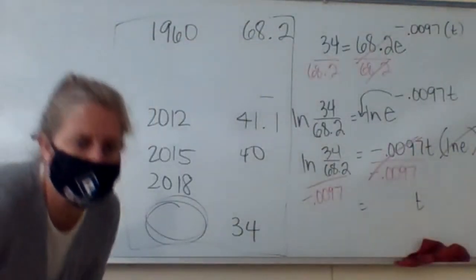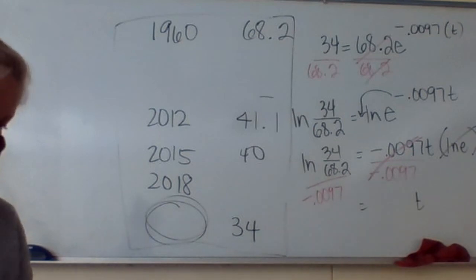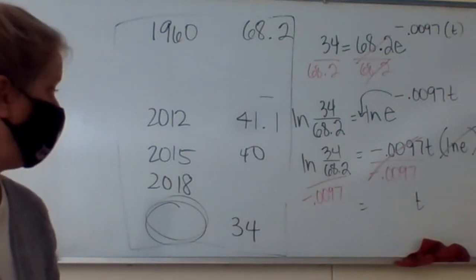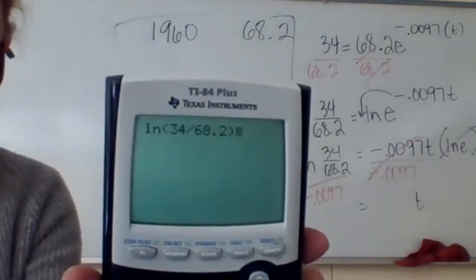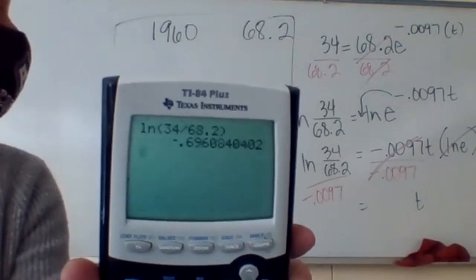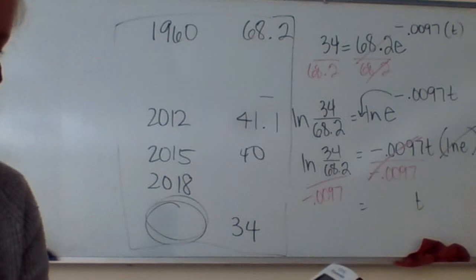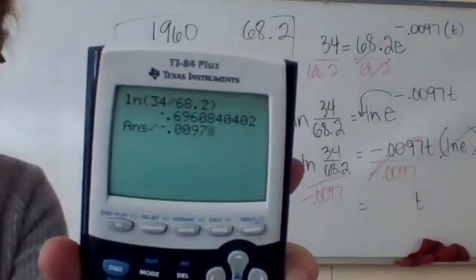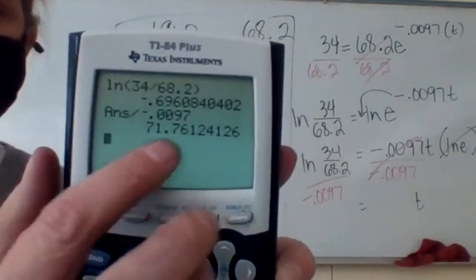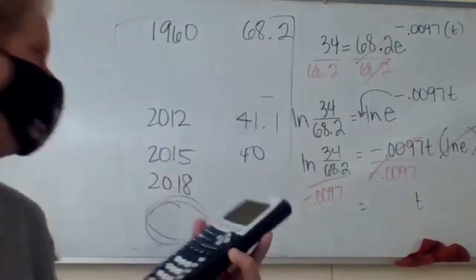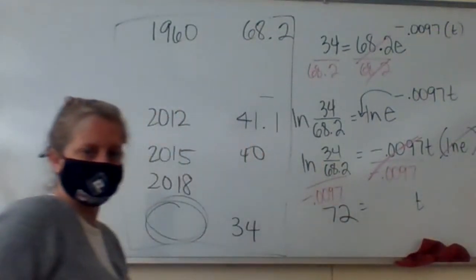So in my calculator, ln of 34 over 68.2, close, enter, divide that by negative 0.0097, round to the nearest whole number. So 71.7 will round to 72. Now, that's what T equals.